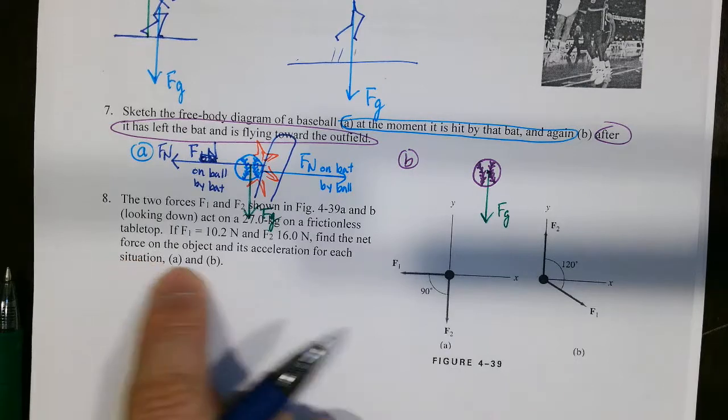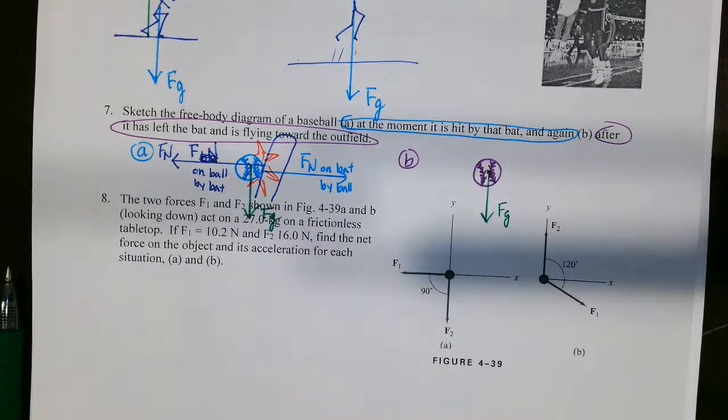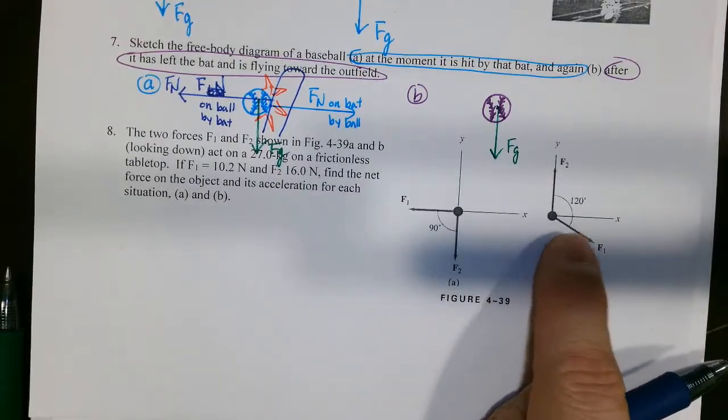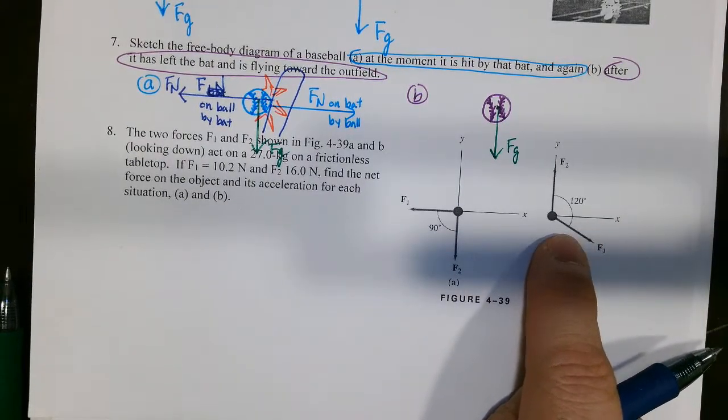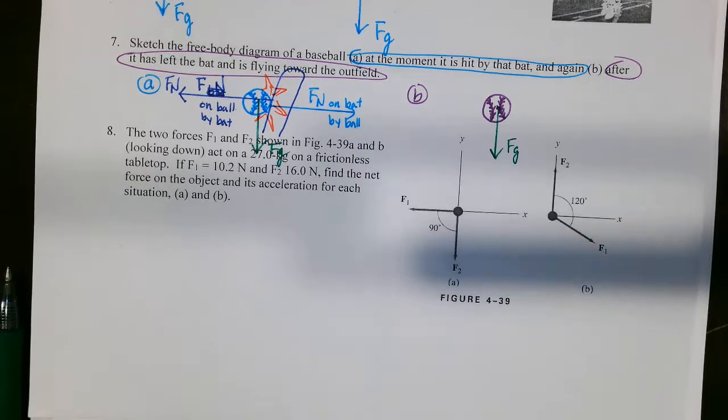Find the net force on the object and its acceleration for each situation. I think we did a similar problem like this as an example problem. I don't know if you remember it, but we did. So you better know how to do that problem because you're most likely going to be asked again.